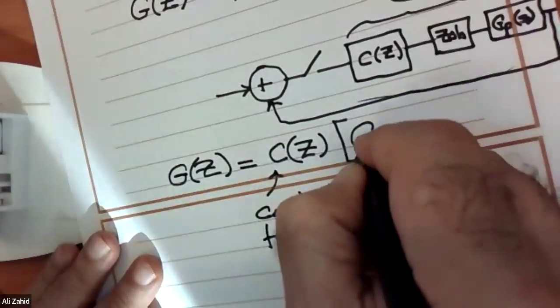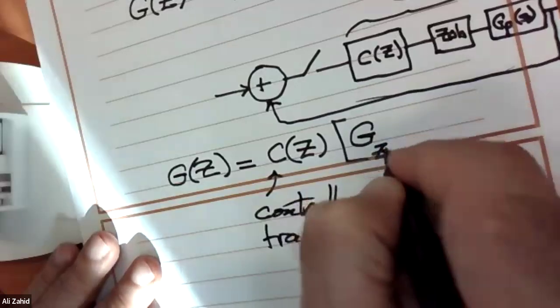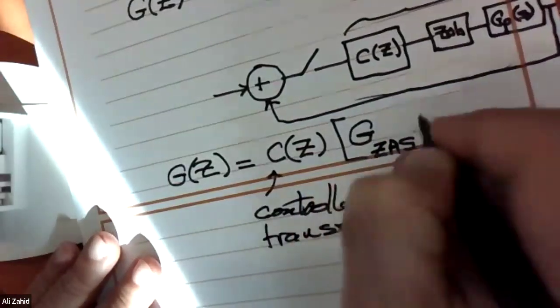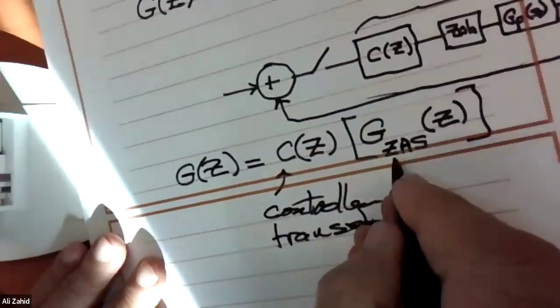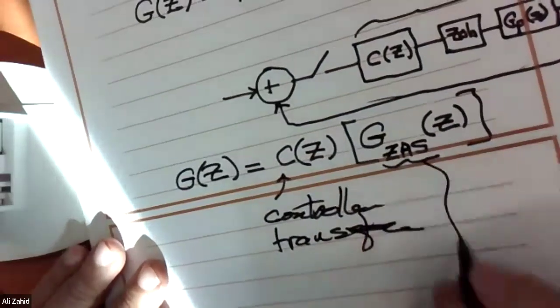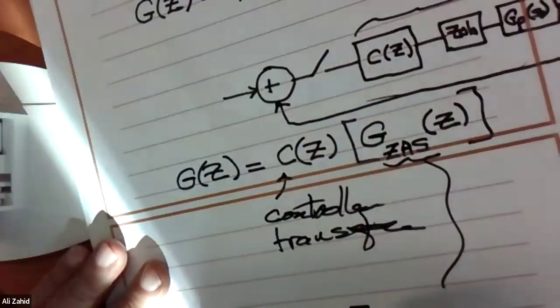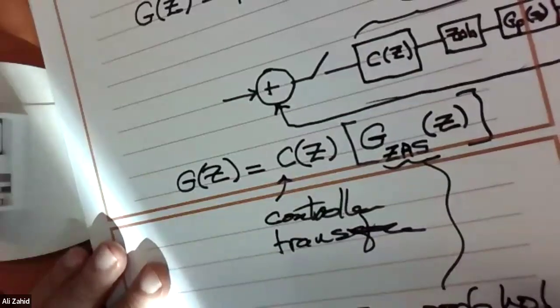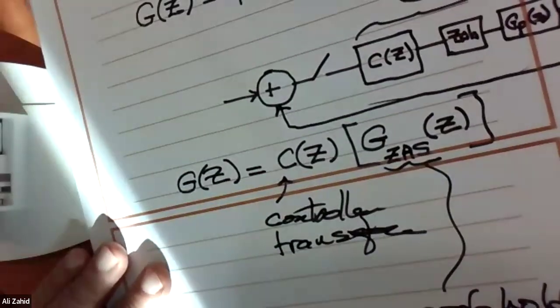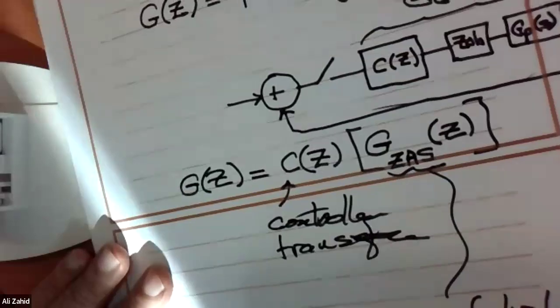G ZAS of Z. What does that mean? What is ZAS? Zero order hold plus analog system.